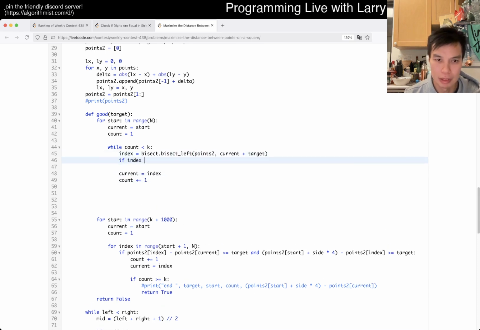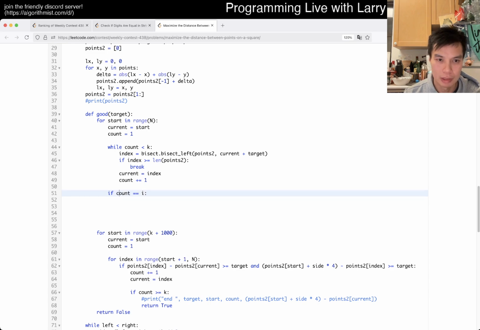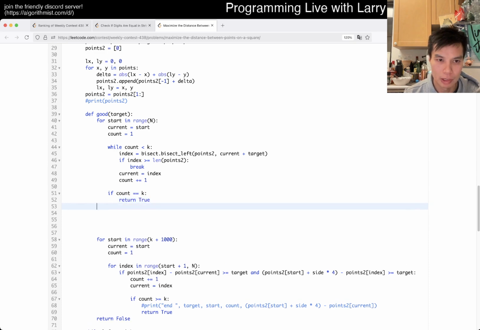If index is greater than or equal to length of points 2, then we break. So if count is equal to k, then we return true. Otherwise we just keep going and we return false eventually.